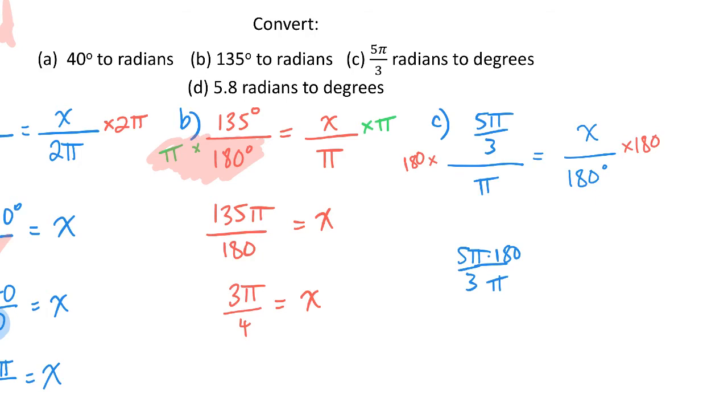Now I can simplify. Pi on the top and pi on the bottom go away. And then 5 times 180 divided by 3 is 300. So this is equal to 300 degrees. Again, this time what we ended up multiplying by wasn't pi over 180, it was 180 over pi. Let's look at the last example and see how that one shakes down.